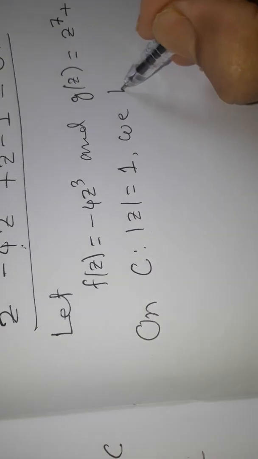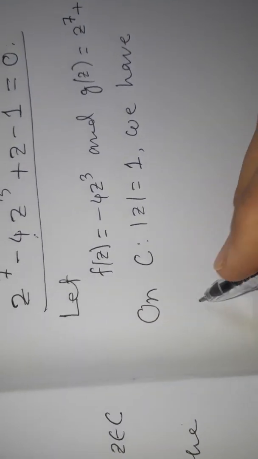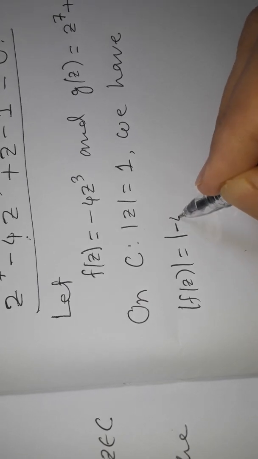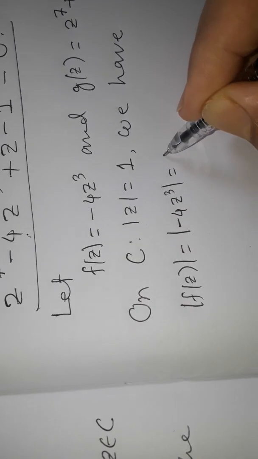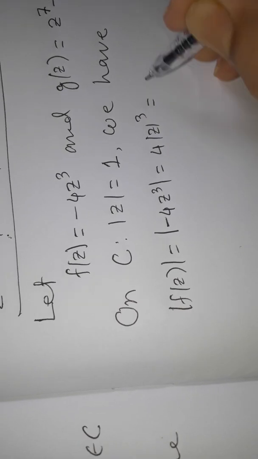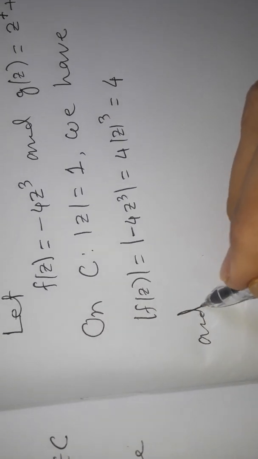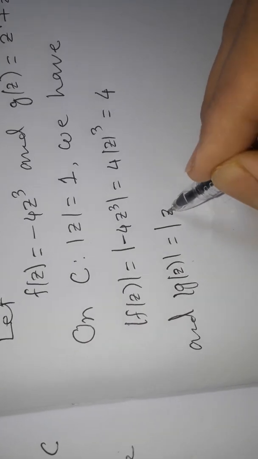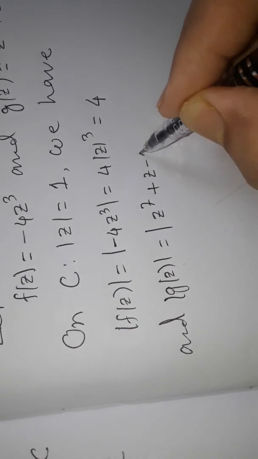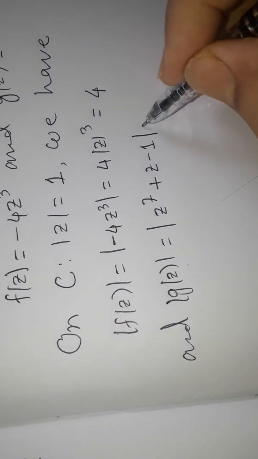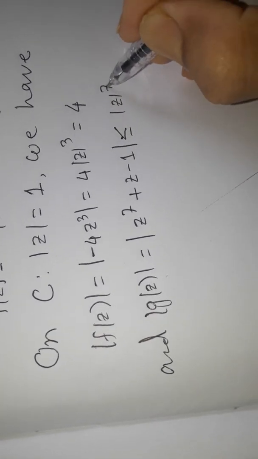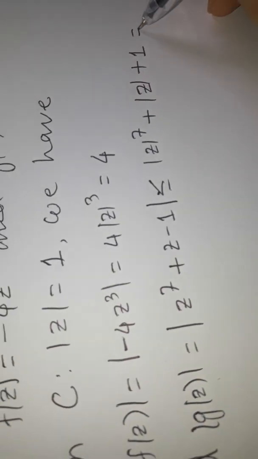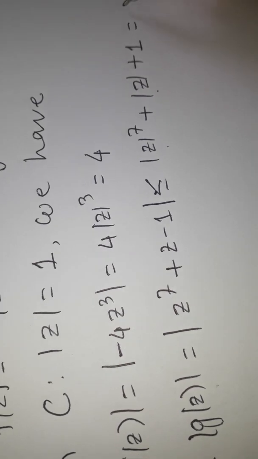We have modulus of f(z) equal to modulus of minus 4z cube, which is 4 mod z cube, and that is equal to 4. And on C, g(z) equal to z to the power 7 plus z minus 1, whose modulus is less than or equal to mod z to the power 7 plus modulus of z plus 1, that is 1 plus 1 plus 1, so it is 3.